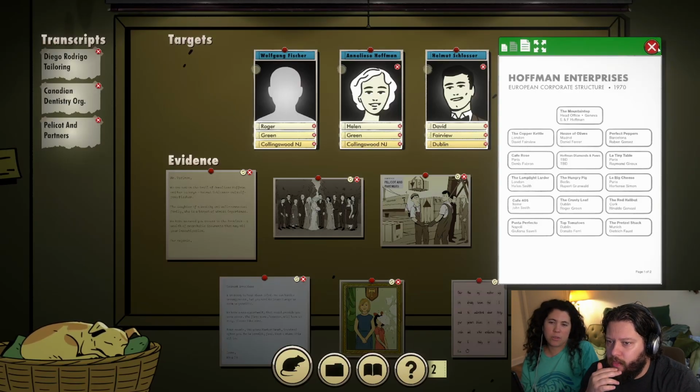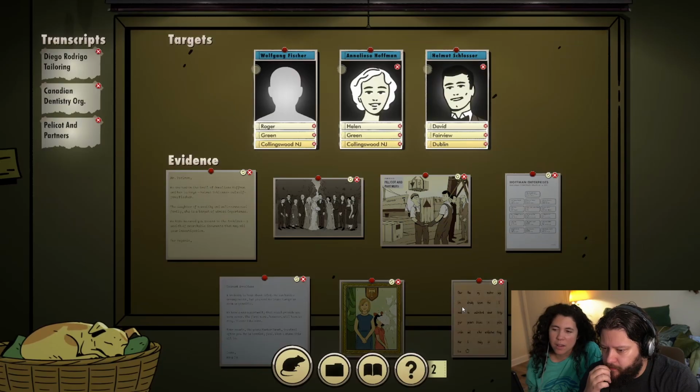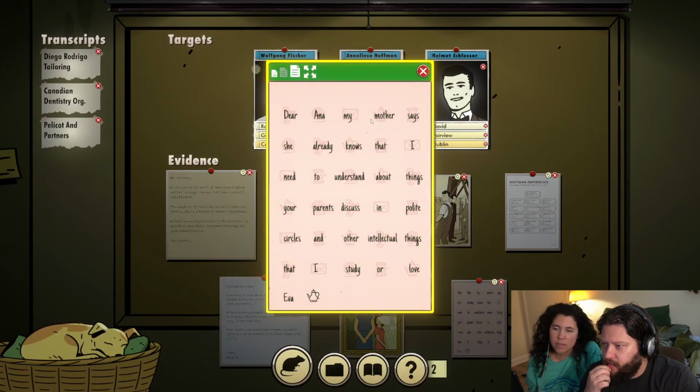So that accounts for all of them, and they were going to similar places. Yeah. But what? Dear Anna, my mother says she already knows that I need to understand things your parents discuss in polite circles, and other intelligent things that I study or love.